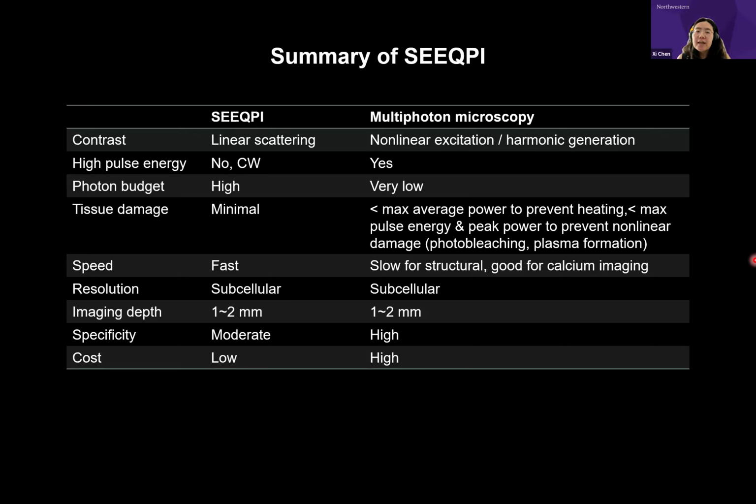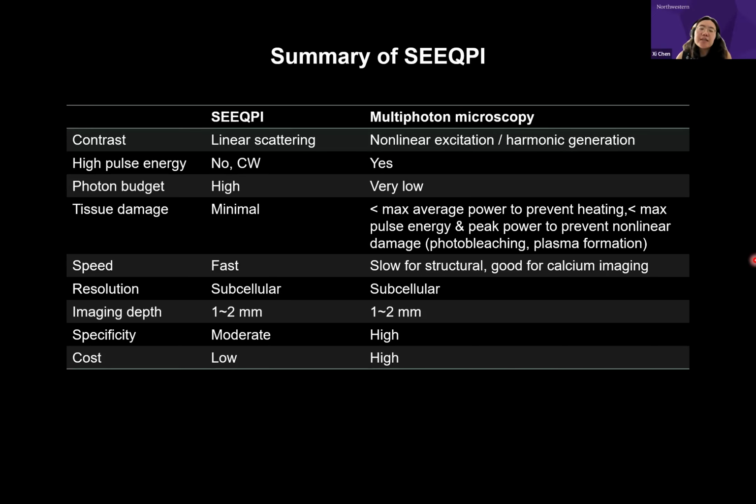For both modalities, we have a resolution of about 1 micron, and for imaging depth, both of them can do 1 to 2 millimeters. And the CQPI I have shown is limited to about 1.1 millimeter. However, we are working on further enhancing the imaging depth for CQPI to 2 millimeters using adaptive optics.